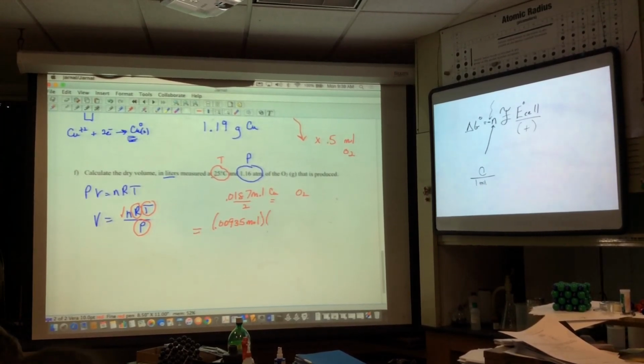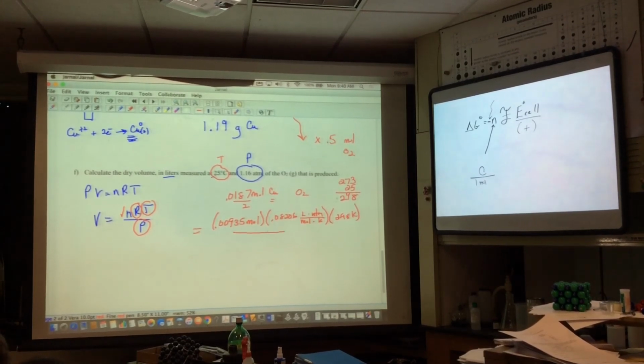My universal gas constant, not with joules. I need liters, atmospheres. It's been a while, but you have it in your reference, 0.08206, something close to that. And that's liter atmospheres per mole kelvin. This is all given to us. Temperature must be in Kelvin. We add 273 to the 25. 298 Kelvin.